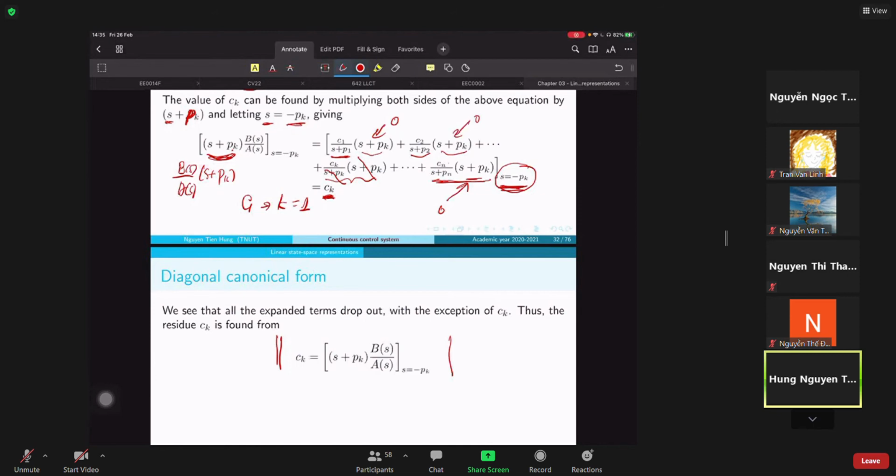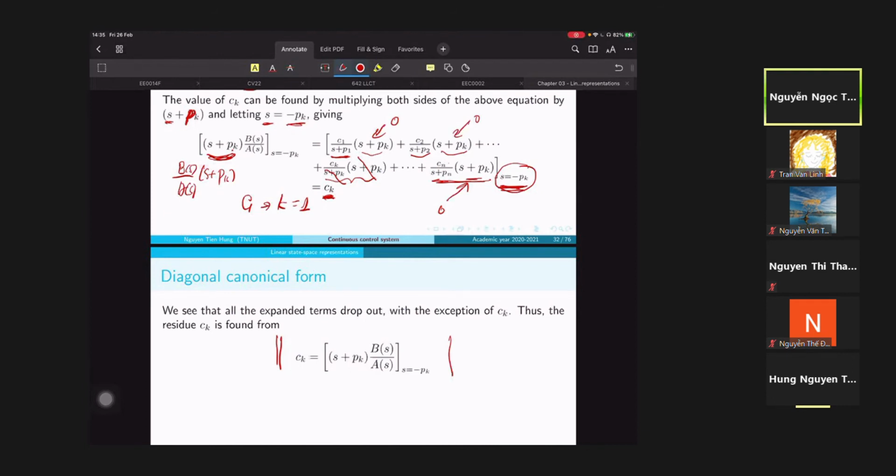Okay, sir, order is 3. I forgot this, sorry. And also the poles are at 1 and 10, not 1 and minus 10.